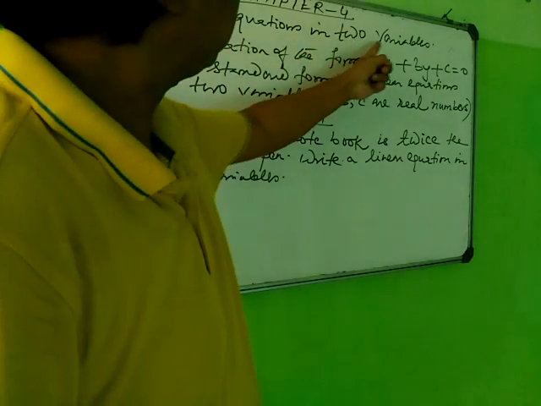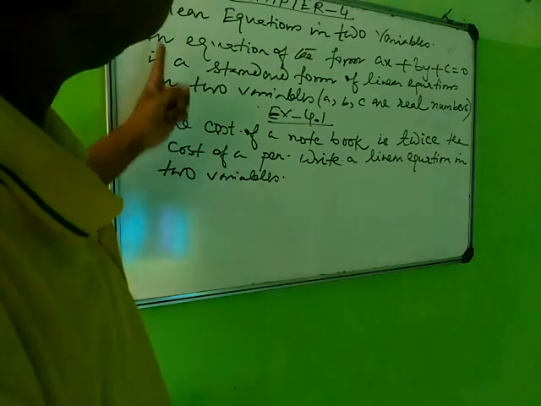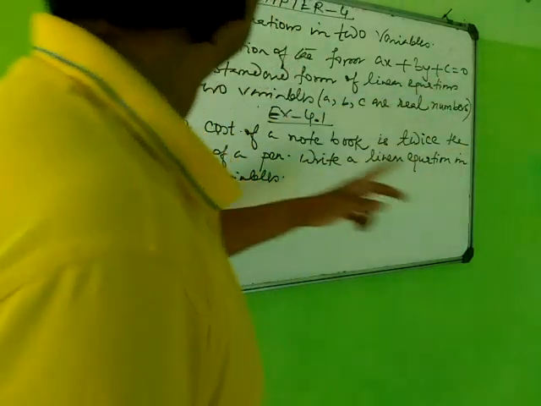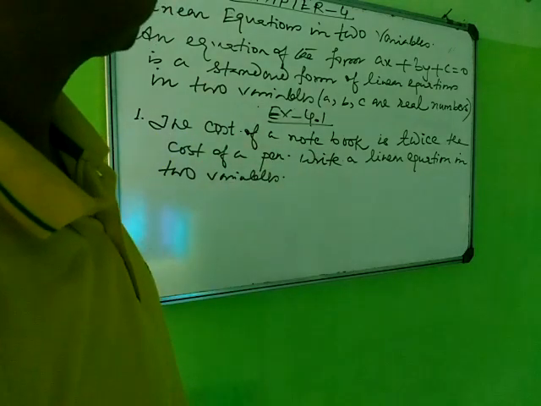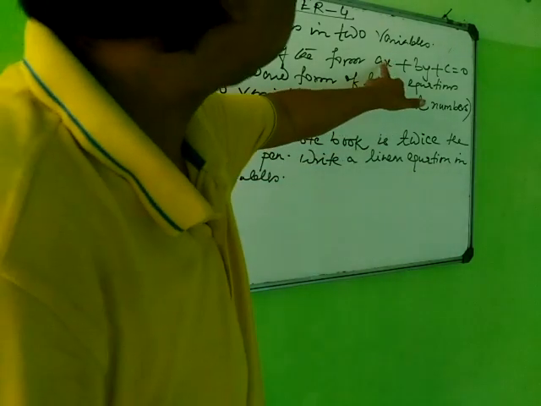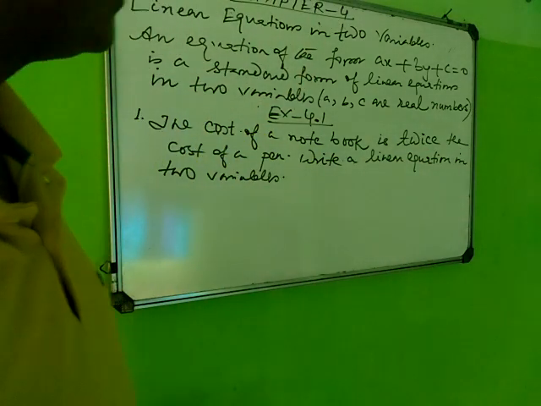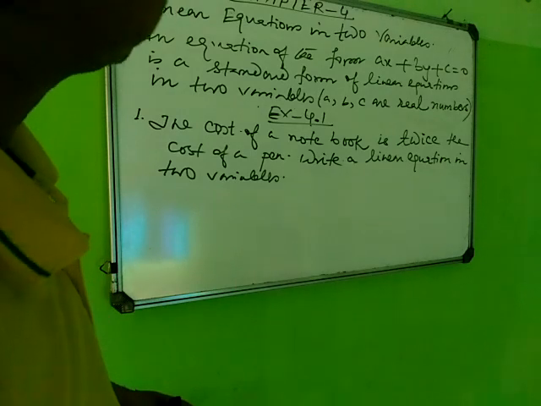So here the variables will be two, commonly x and y. An equation of the form ax plus by plus c equals 0 is the standard form of linear equations in two variables, where a, b, c are real numbers. As you know, real numbers are the set of all rational and irrational numbers.